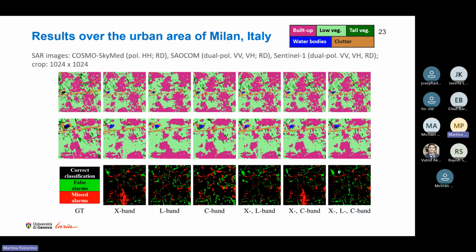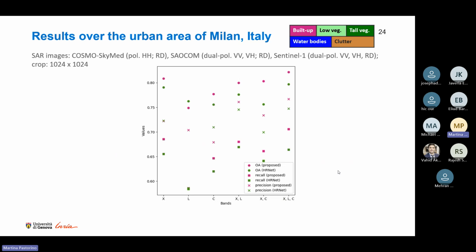And we have an example here showing the results depending on which bands we use for the classification. So we tried only with Cosmo-SkyMed, SAOCOM, Sentinel, and then a combination of them. And we can see how integrating multi-sensor information allows for better classification results, more precise, and with slightly higher accuracy metrics.